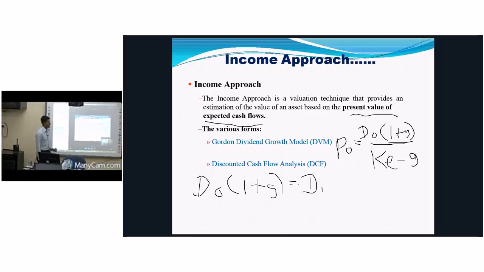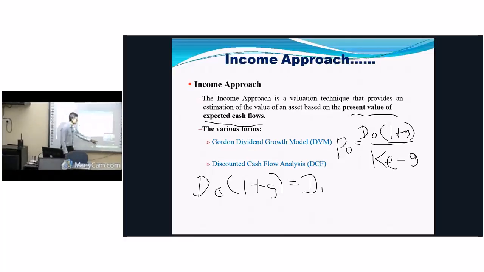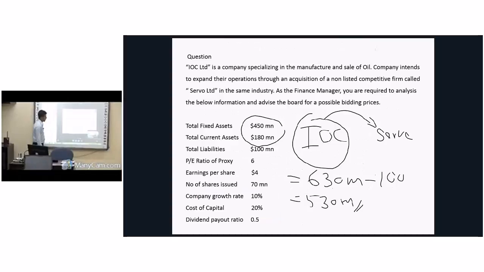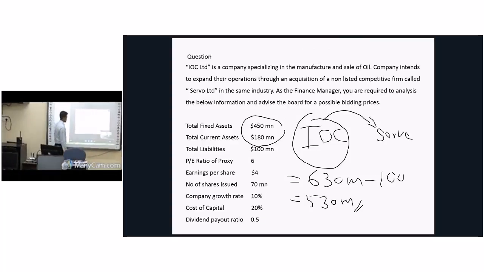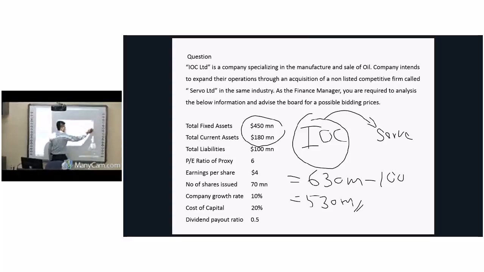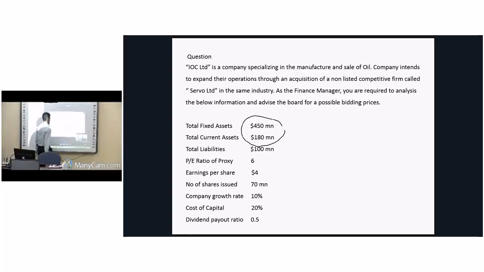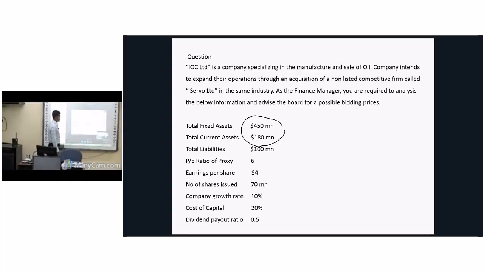So let's apply this information to what we have and arrive at the value. What is the Ke? Try to apply and tell me what is the value of the business based on the income approach, dividend growth model, if you have this information. They have been given earnings per share, but what we want is dividends per share. The growth rate is there, cost of capital is there.